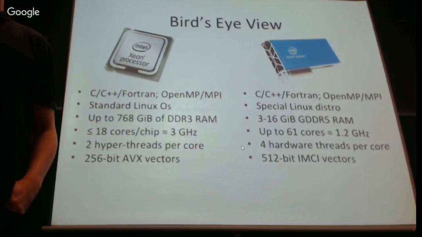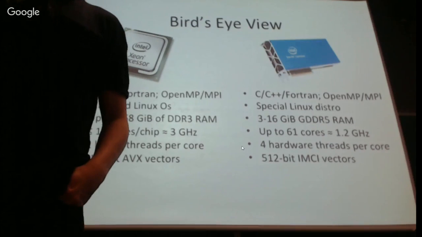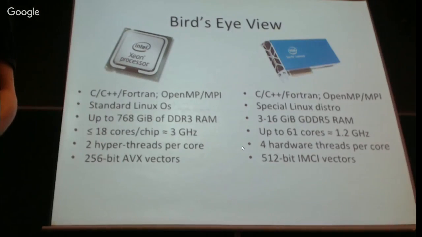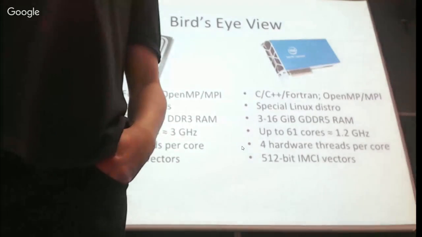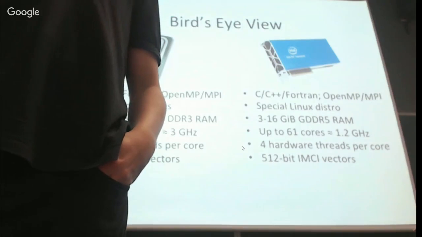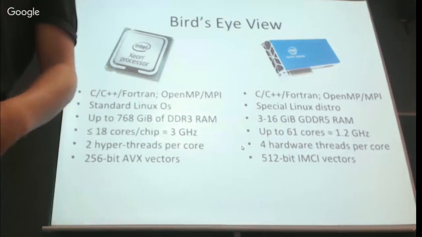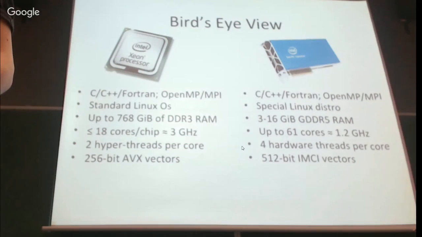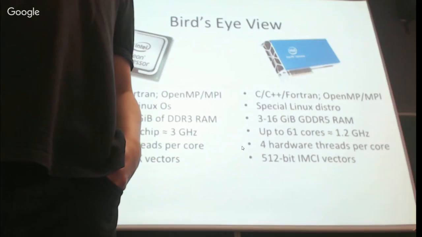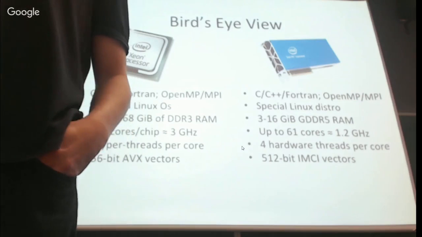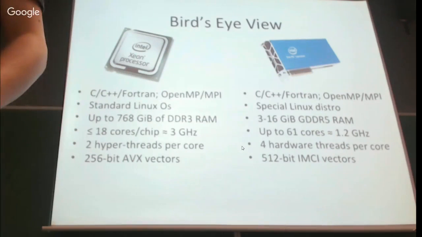But the point here is that in order to get optimal performance on the Xeon Phi, you have to use at least two hardware threads per core, because the cores on the Intel Xeon Phi are in-order cores. They're not out-of-order cores. Okay? So what that means is that there's increased latency when it comes to remote fetches on the Intel Xeon Phi that you need to hide by way of using a second thread on the core.